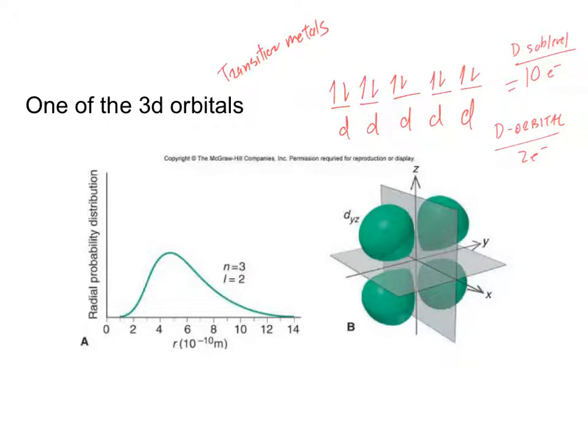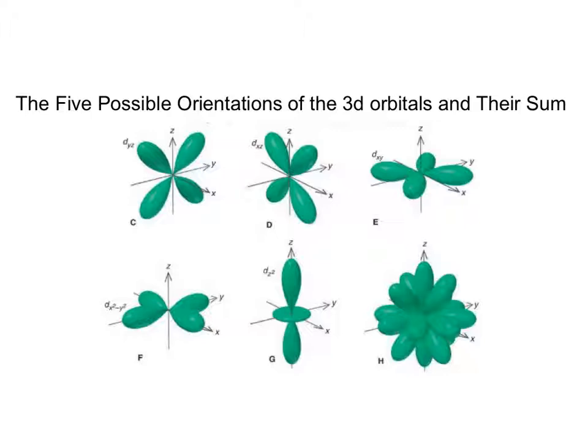So the p sublevel can hold 6 electrons. Each p orbital can hold 2 electrons. The s sublevel can hold 2 electrons, and each s shape can hold 2 electrons.